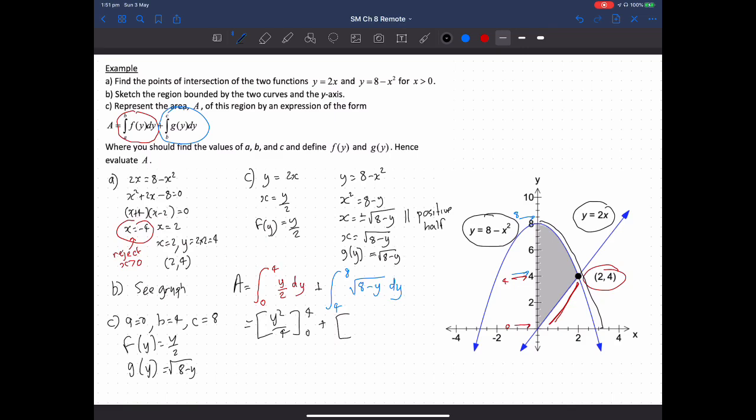So using your rules for anti-differentiation, that will give us minus 2/3 times (8 minus y) to the 3 on 2, between 4 and 8. Substituting in, we will get 28 on 3 square units.